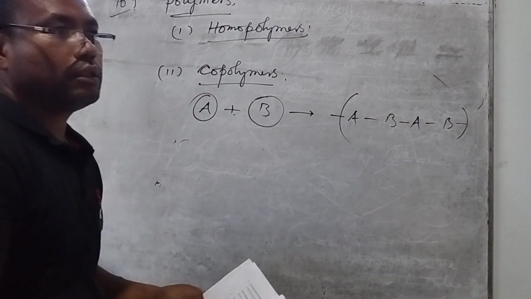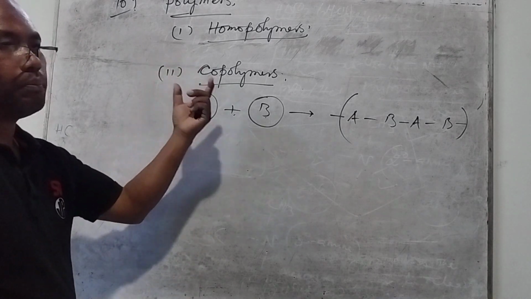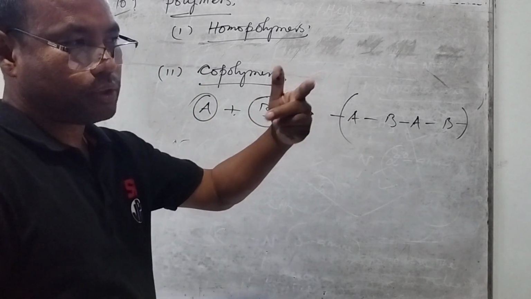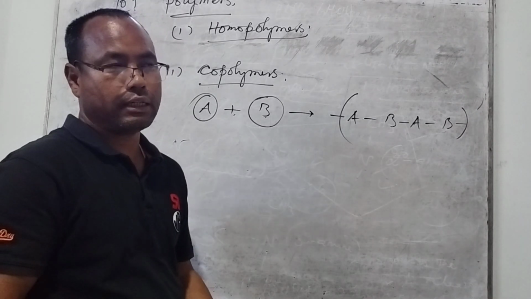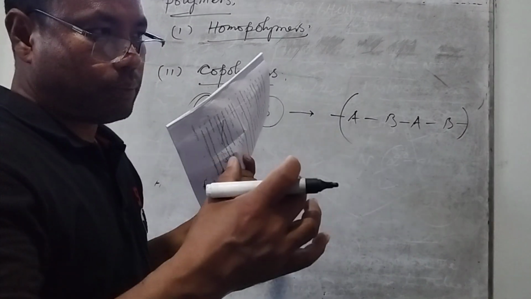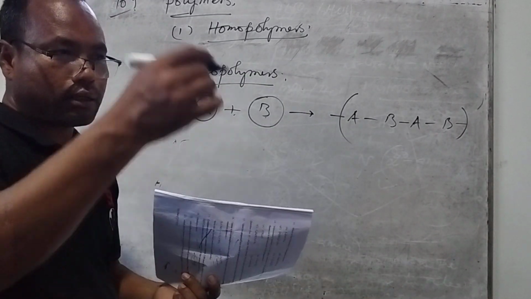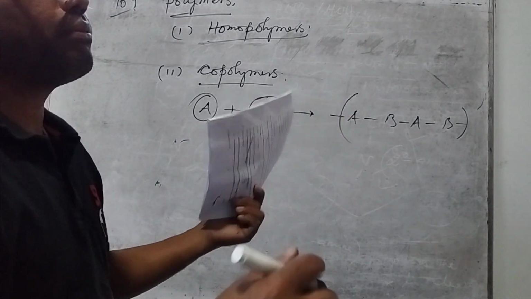Like that, right? Now in copolymers, different types of copolymers form. In between the chains, some are cross-linked, some are very simple chains.